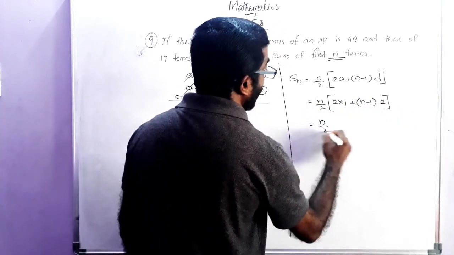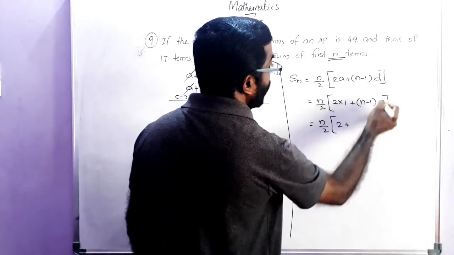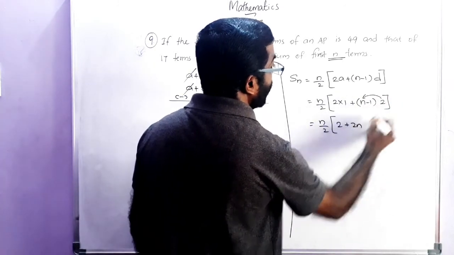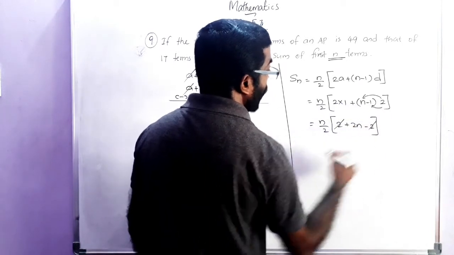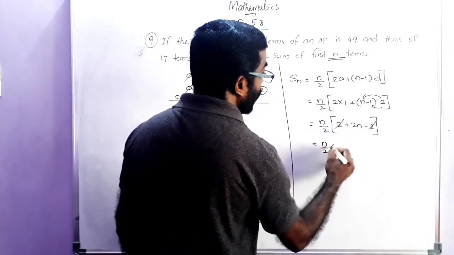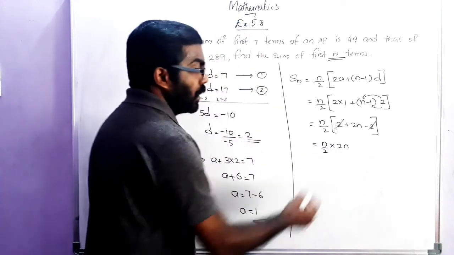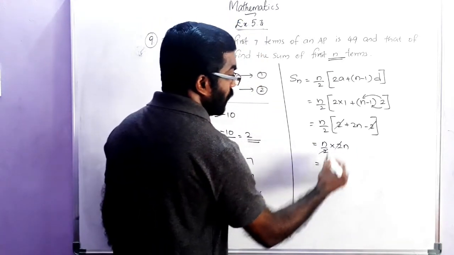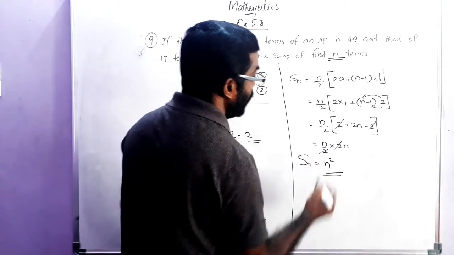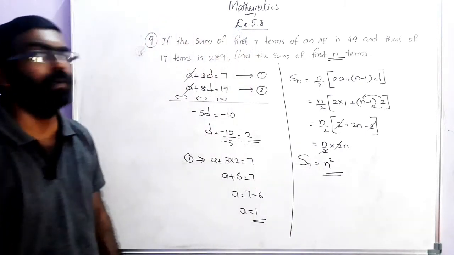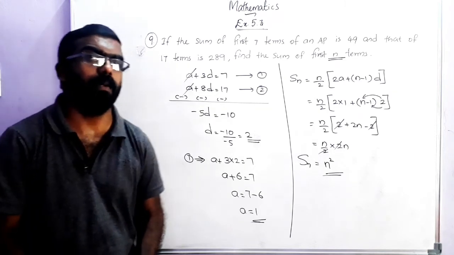That is n by 2 into 2 into 1 is 2, here 2 into n is 2n, 2 into minus 1 is minus 2, plus 2 and minus 2 cancel. That is n by 2 into 2n. Here the 2 we can cancel, n into n is what? N square. That is Sn is equal to n square. Sum of first n terms is n square. Clear?